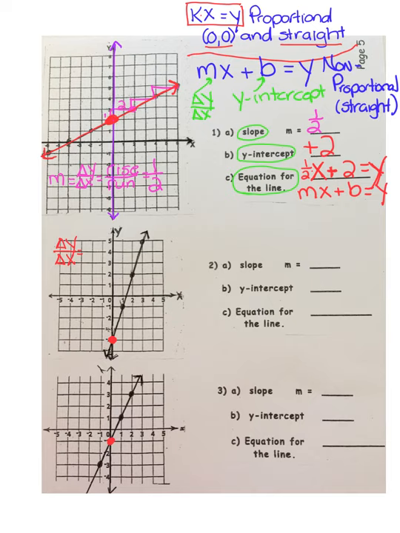So with your pencil point on the y-intercept, go up 3 blocks and over 1 and connect the 2 points. Do it again. Up 3 over 1. We have a slope of 3 over 1, which can be written as the whole number 3. Your m value equals 3.